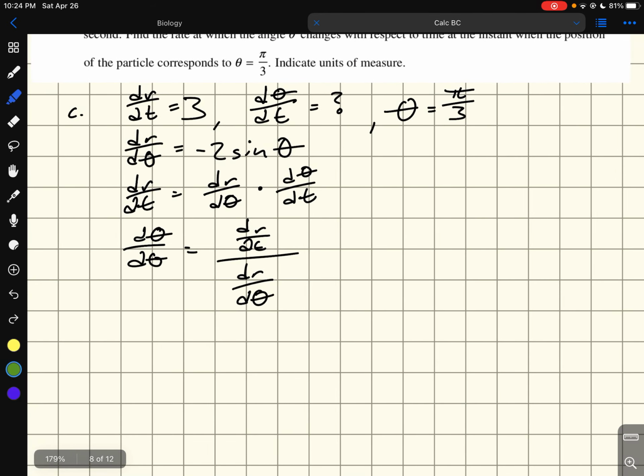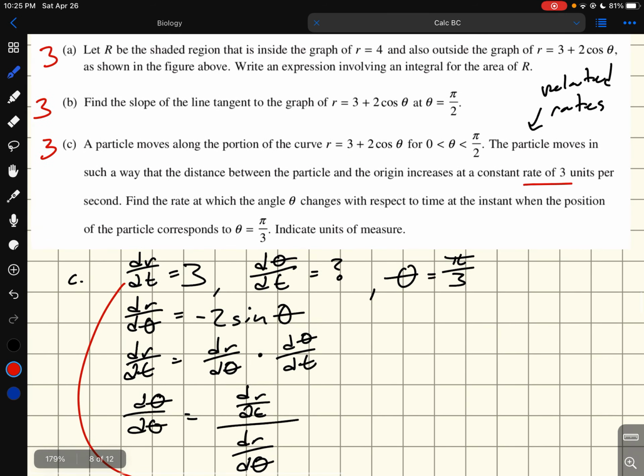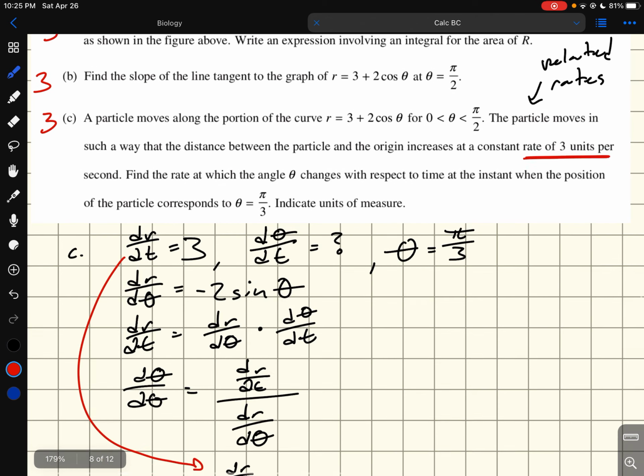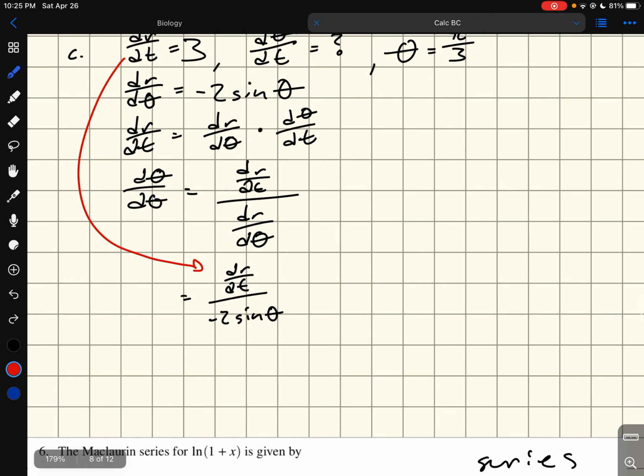And then we had, what did we say dr d theta was? It was -2 sine theta. Okay. And then remember our dr dt was 3 from there, because that was the one they told us, the rate of 3 units per second. So we're going to put a 3 there.